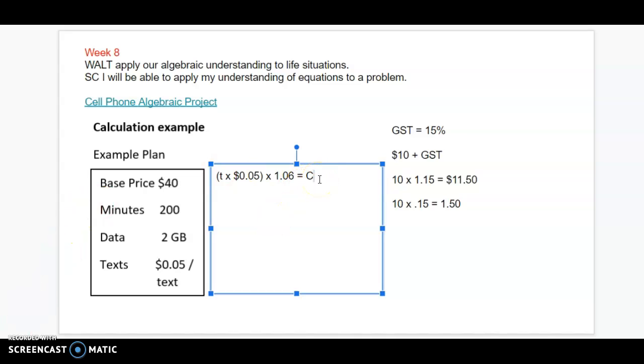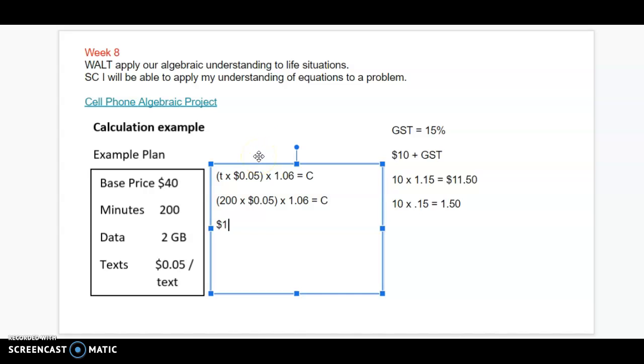What we're going to do now is apply 200 texts. So 200 texts times 5 cents times the tax, which is going to equal cost. Now we're going to solve this bit here: 200 times 5 cents, which is $10.